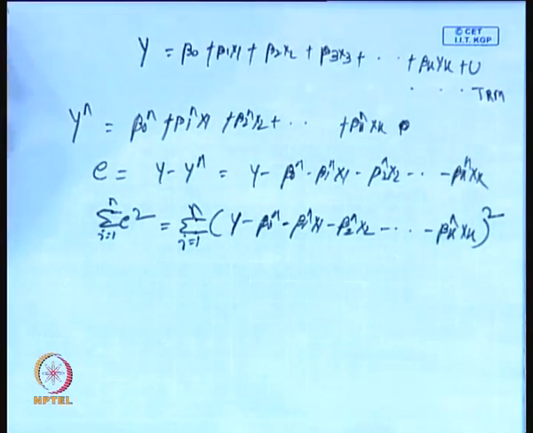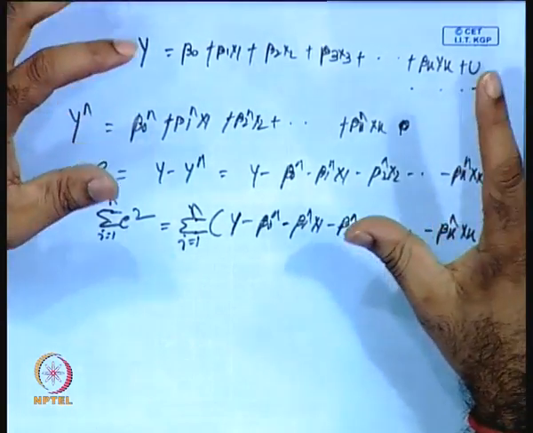So this is the original setup for this OLS technique. From this the new dimension will come up. We have to go by this optimization principle, that is, minimize the error sum of squares with respect to beta 0 head, beta 1 head, beta 2 head and up to beta k head.